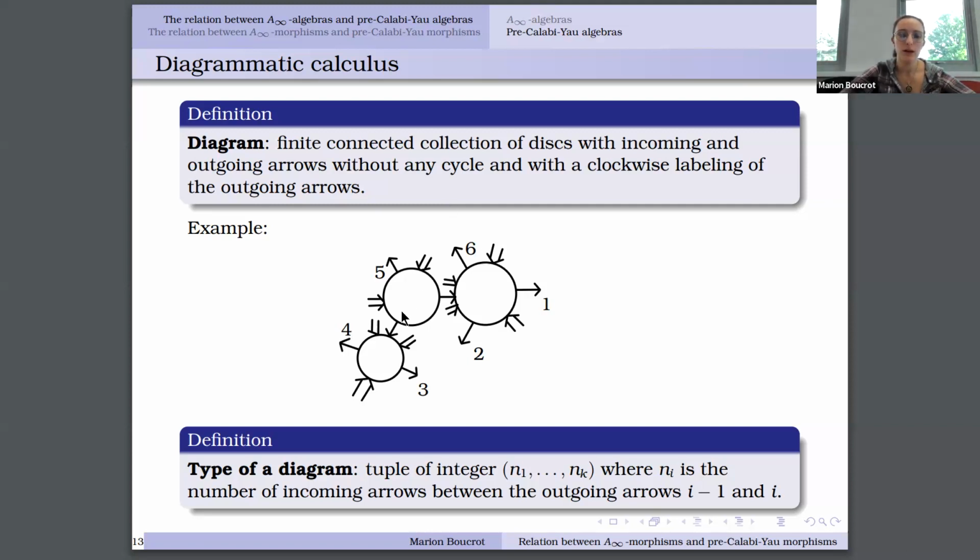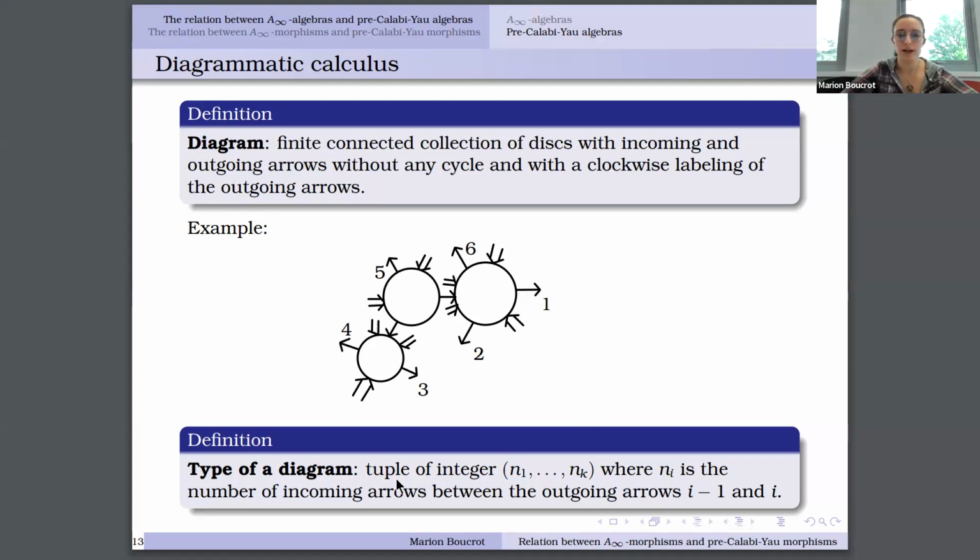So for example, here we have a collection of 3 disks. This collection is connected because each of the disks shares an arrow with another one. We don't have any cycle because I can go from an output and turn around the diagram, passing through all the incoming and outgoing arrows. And also I have a clockwise labeling of the outgoing arrows.